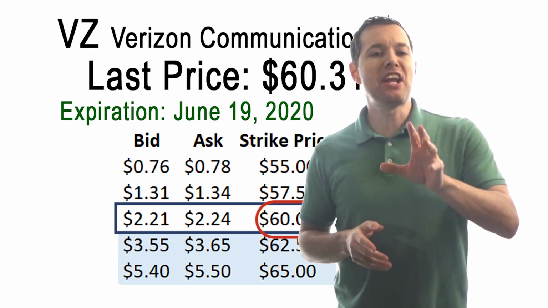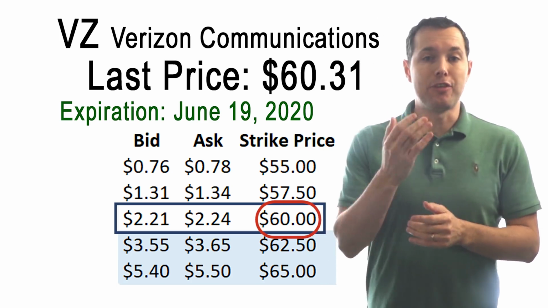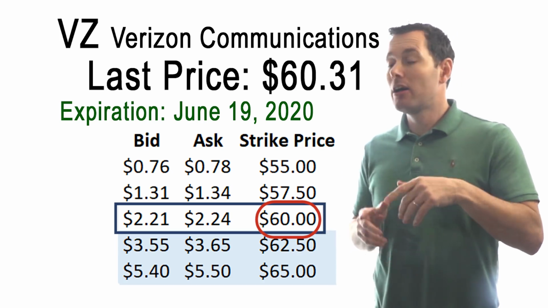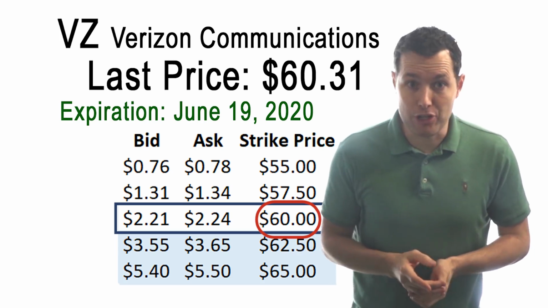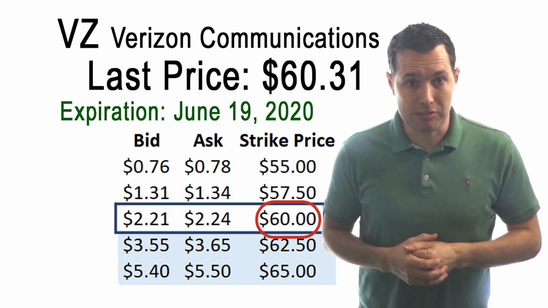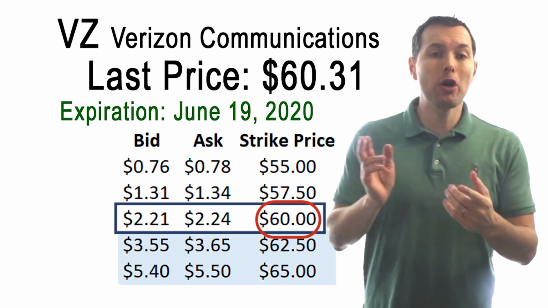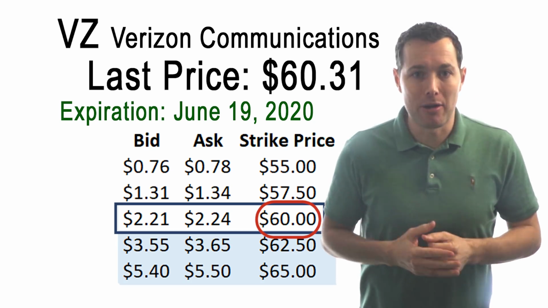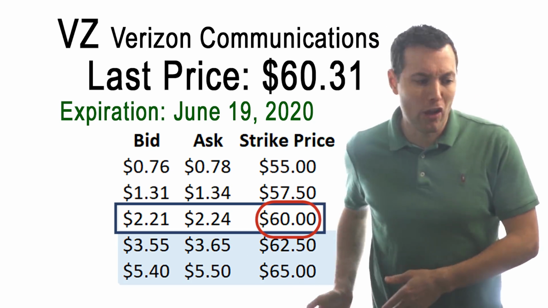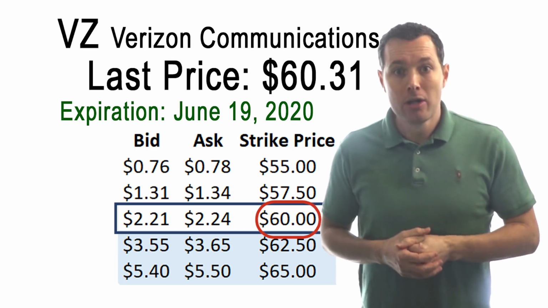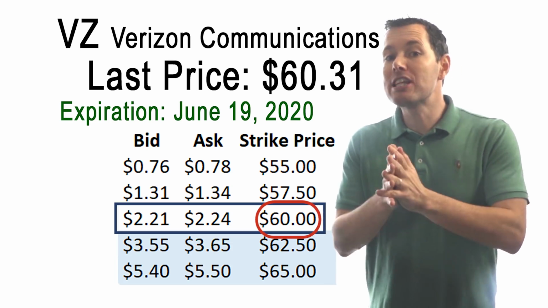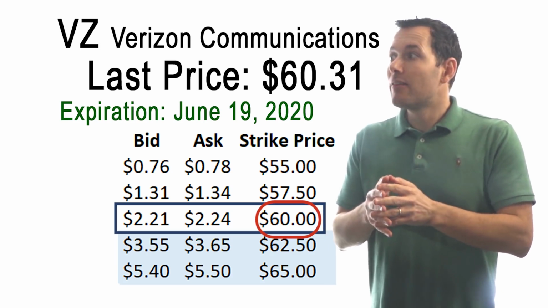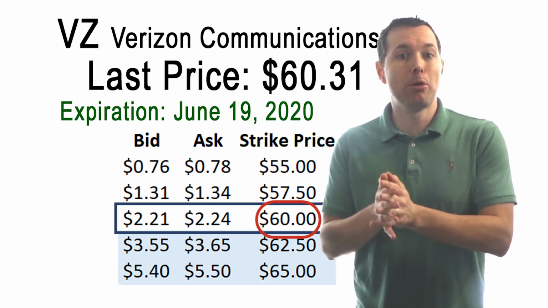But what if terrible news comes out over the next few months before the June 19th expiration date, and Verizon stock falls back to $50 per share, which is where Jimmy bought his shares? Or maybe it falls all the way down to $40 per share. Or let's go crazy and say some insane news came out, and for some reason Verizon stock falls all the way down to $10 per share. Well, because Jimmy owns the option, because he bought the put option, he knows that he can always exercise that put option.